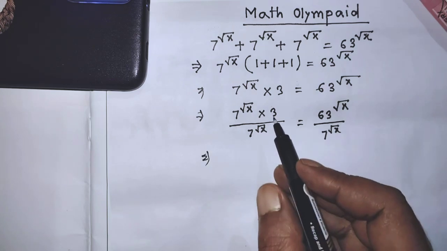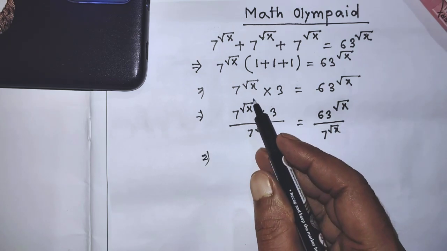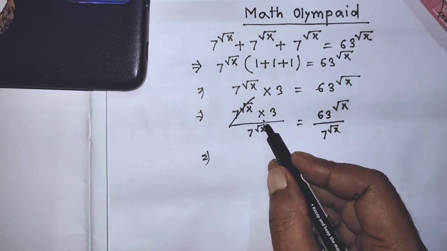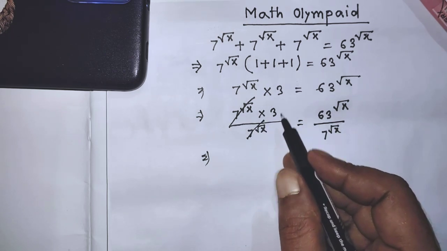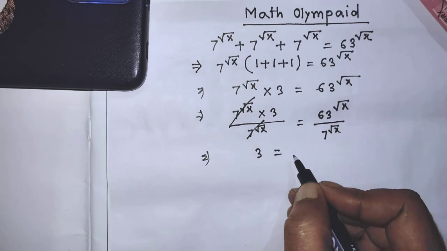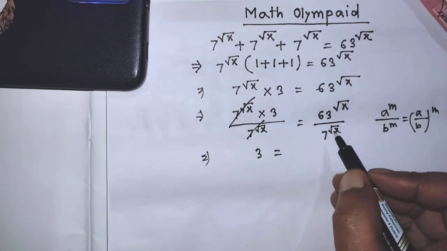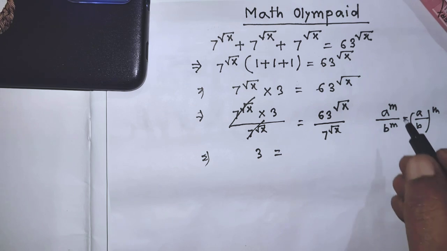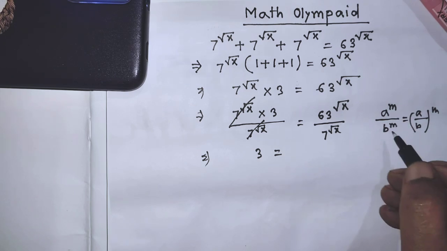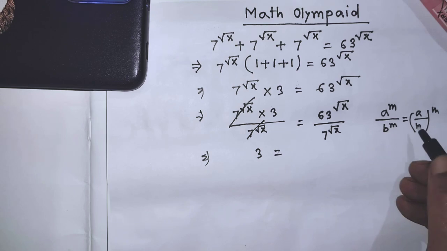So guys, now we can cancel 7 to the power square root of x from numerator and denominator. Then the left hand side will become 3 is equal to, and to simplify the right hand side of this equation we have to apply the formula a to the power m over b to the power m is equal to a over b whole to the power m.